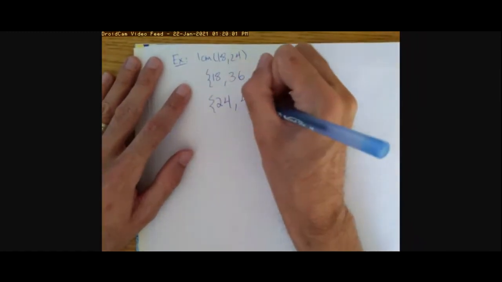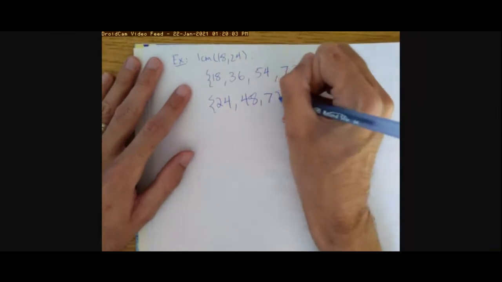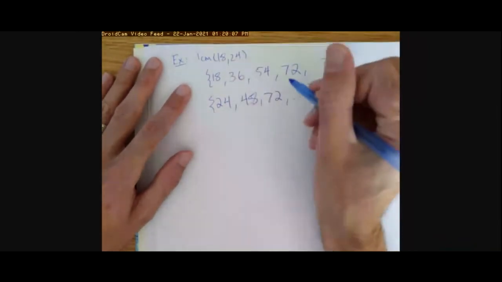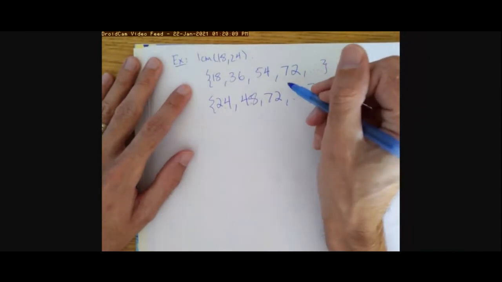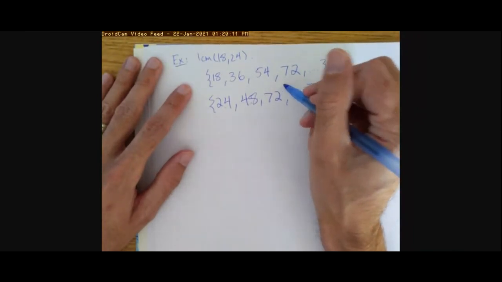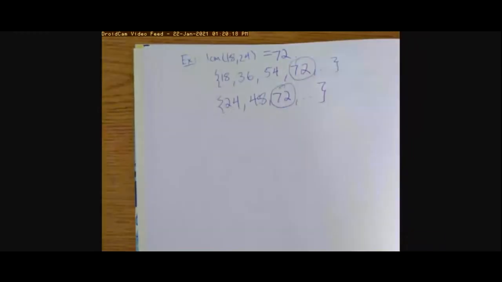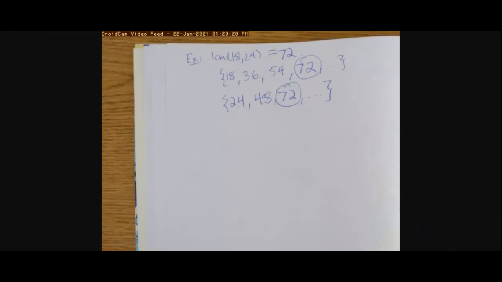The multiples of 24 are 24, 48, 72. So the smallest thing in both lists is 72. So the LCM is 72.